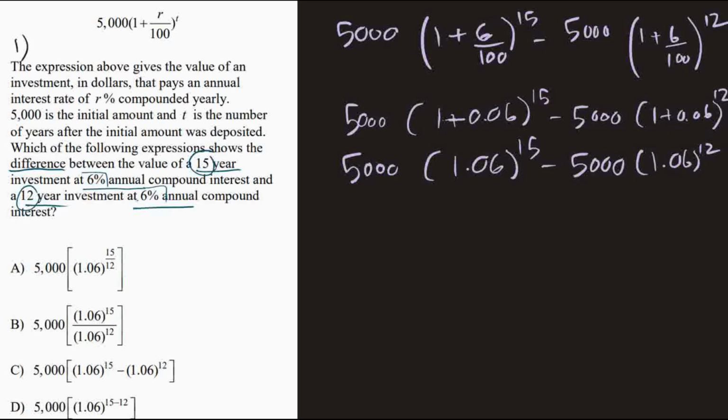Then we can factorize the 5,000 out. So we take the 5,000 out here. Then what we have left is 1.06 to the power of 15 minus 1.06 to the power of 12.